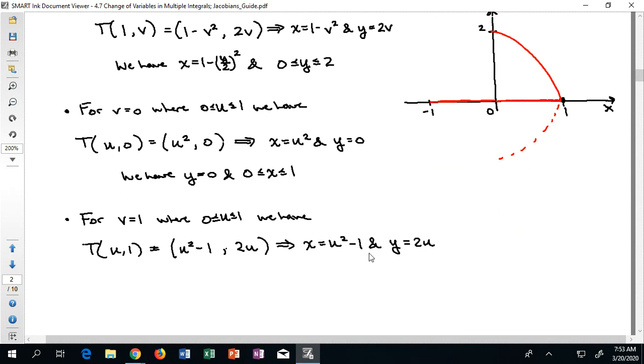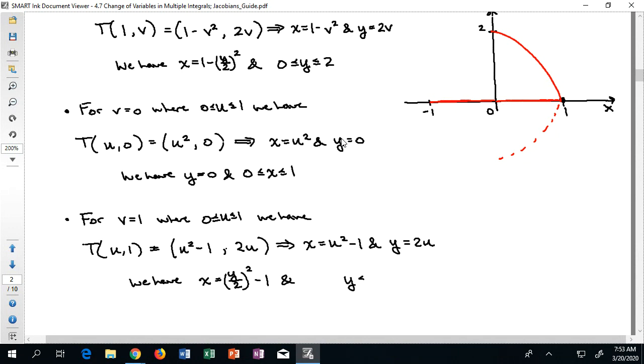I don't have any formula here that is completely not containing u's and v's, but I can certainly get one. I can go ahead and actually replace the u over here with a y over 2. So I'll write this as x is equal to y over 2 squared minus 1.